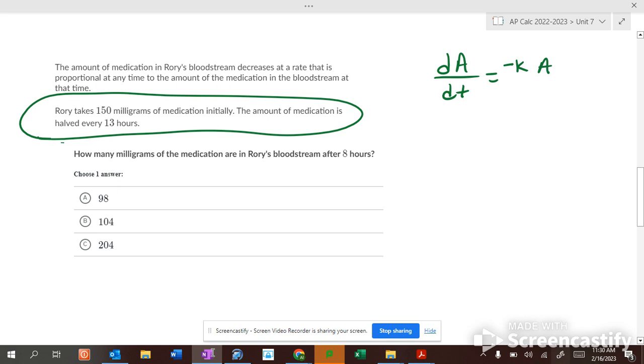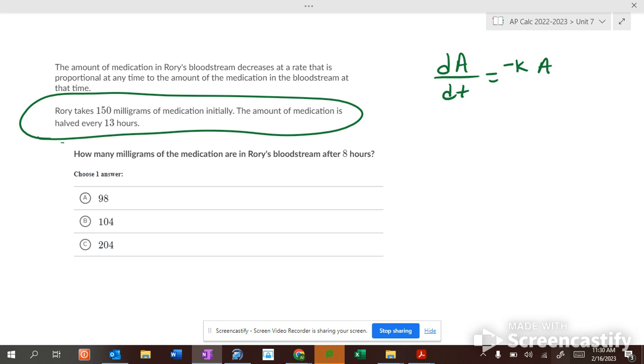So the amount of medication decreases at a rate that is proportional, at any time, to the amount of medication in the blood at that time. Let's go with this and see where that gets us.